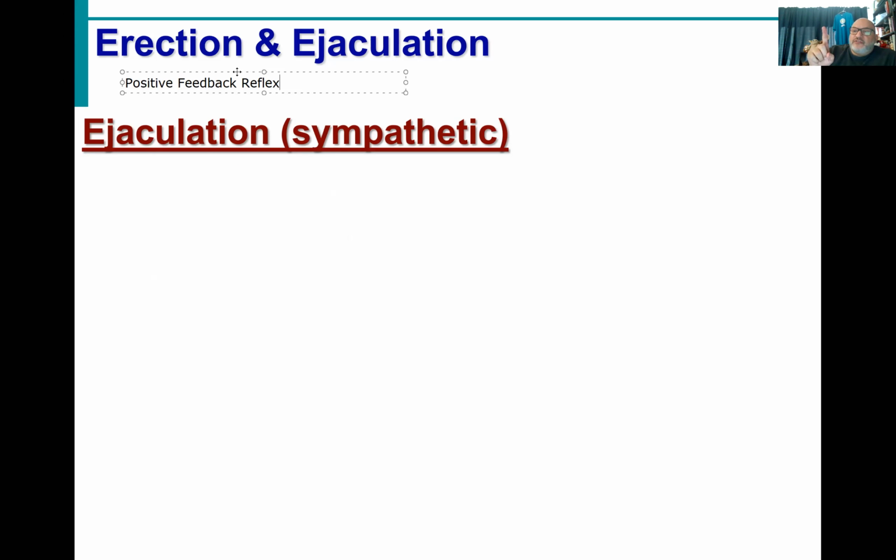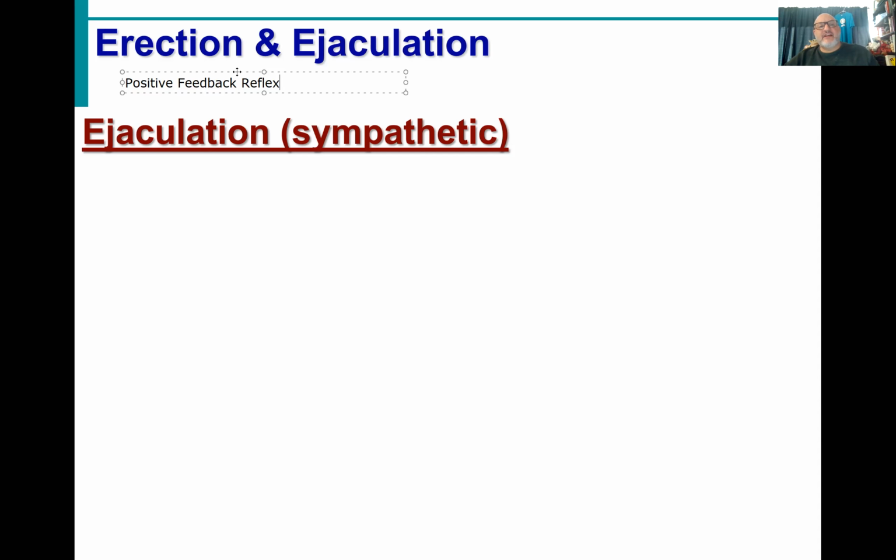Smooth muscle contractions, glandular secretions, and engorgement of blood, of erectile tissue. Those are the three factors that will occur in both males and females. And we'll talk about female arousal and orgasm as well.